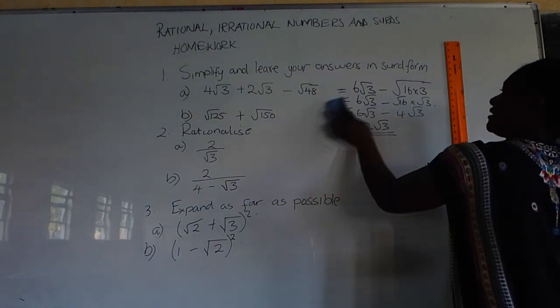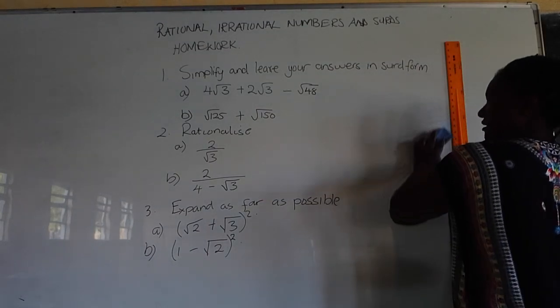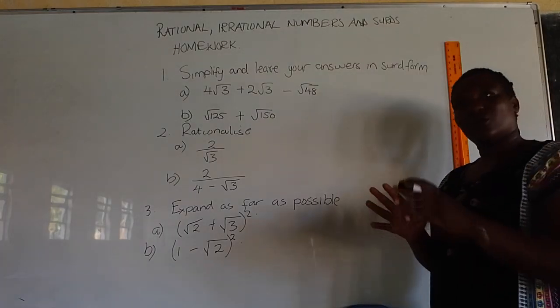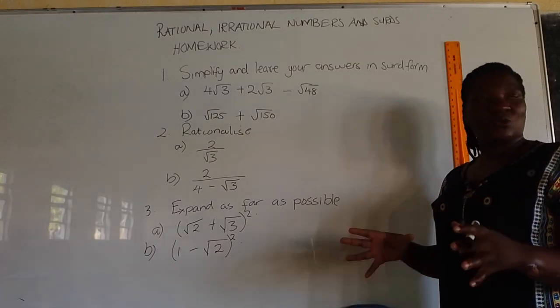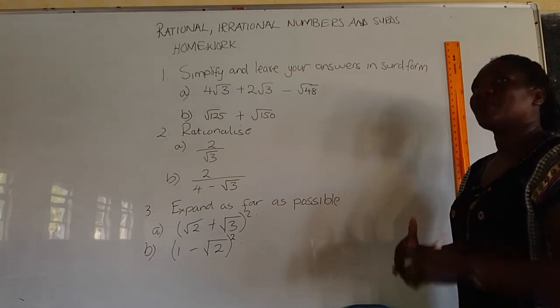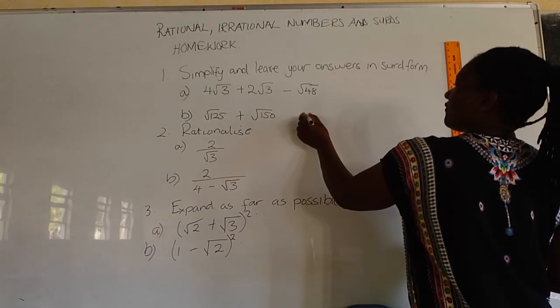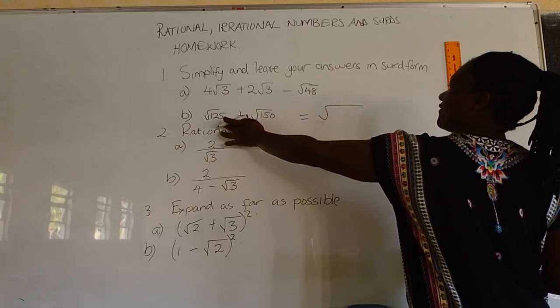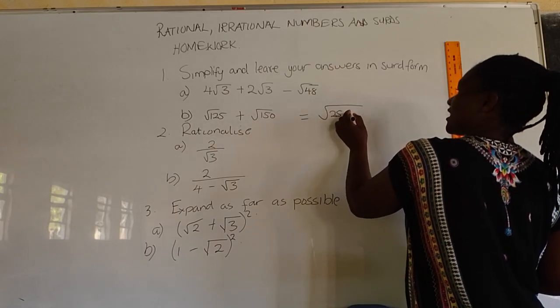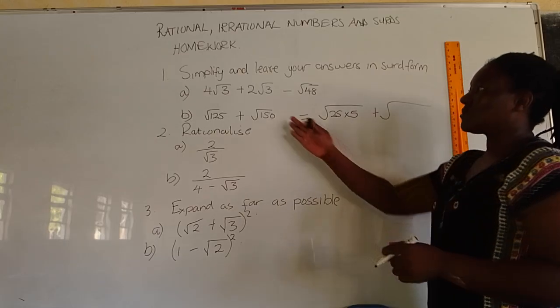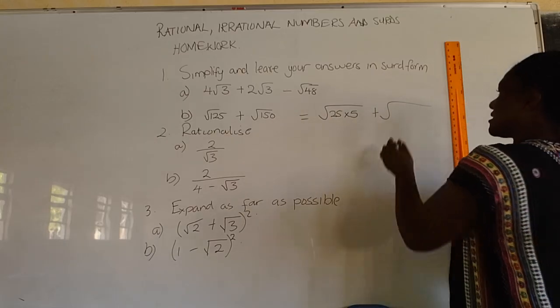Okay? Part B. But if I'm too fast, you can pause, watch the part that you want, play, pause, play. Right? Moving on to part B, we have root 125. It's 25 times 5 plus root 150. It's 25 times 6.